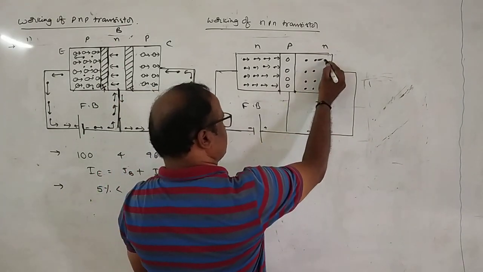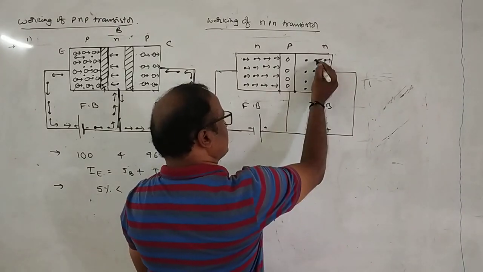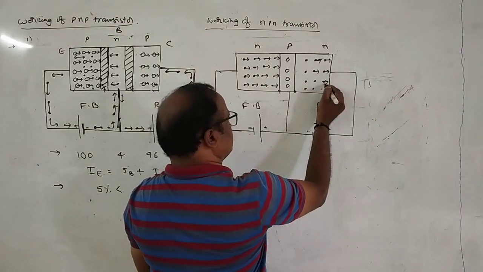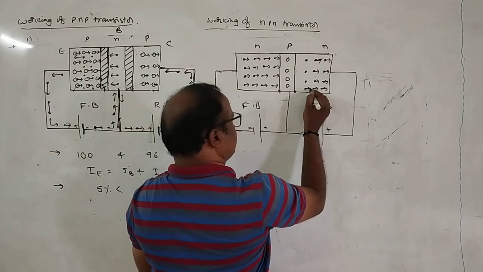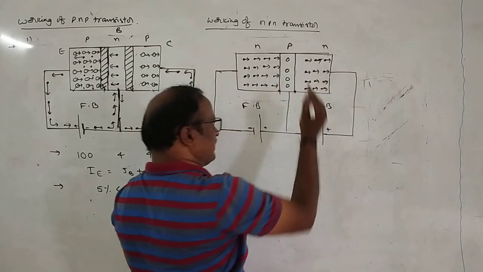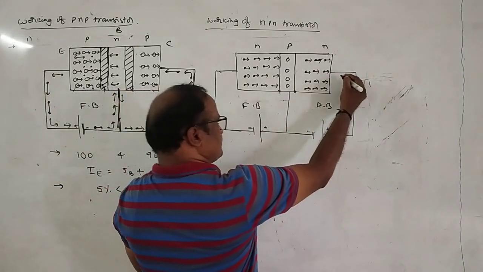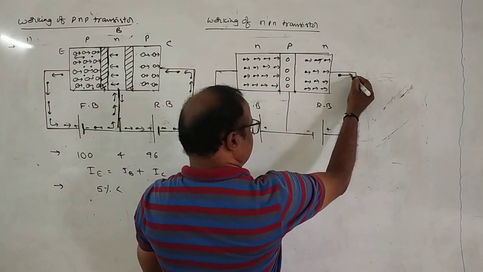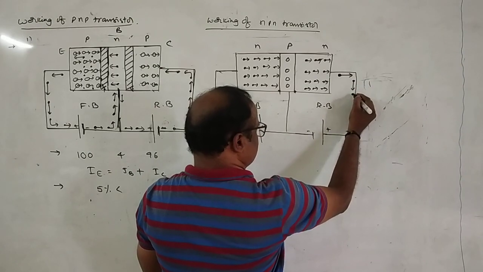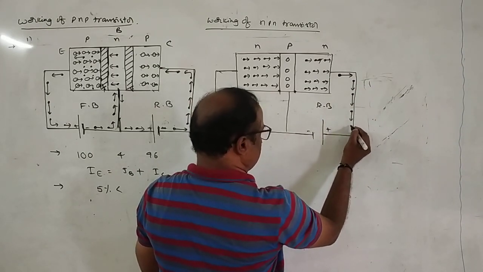That means these electrons are attracted towards the positive polarity. These are moving towards the battery positive. These electrons move through the connecting wires towards the battery always.